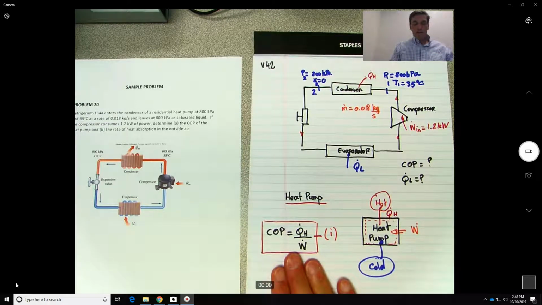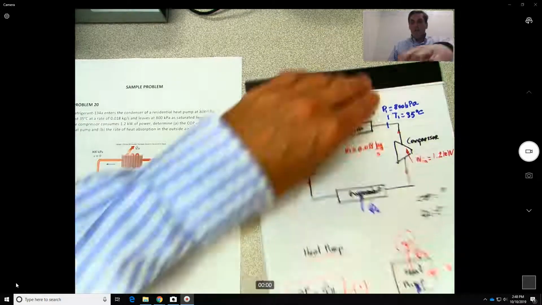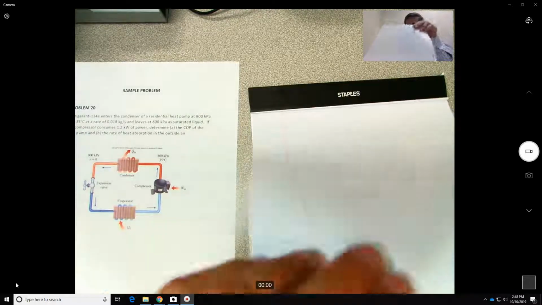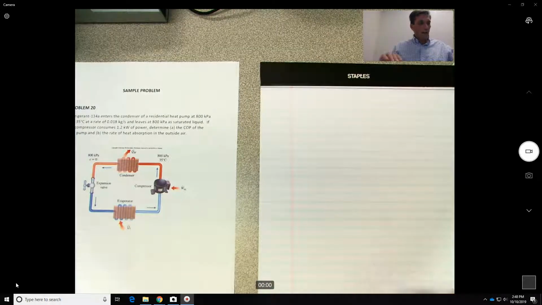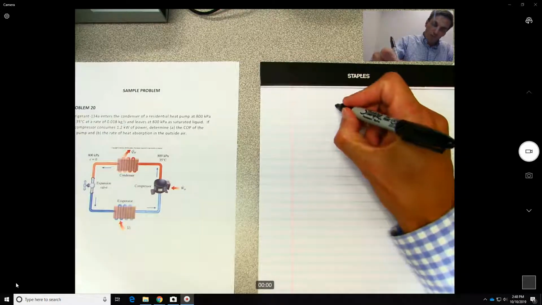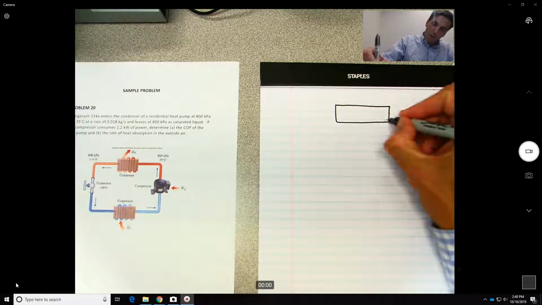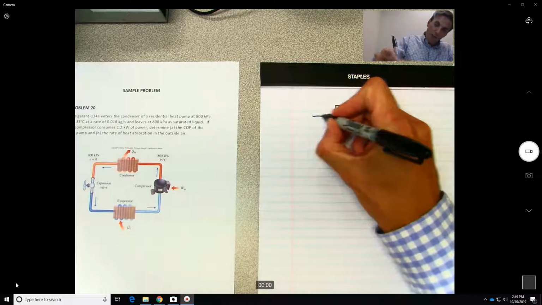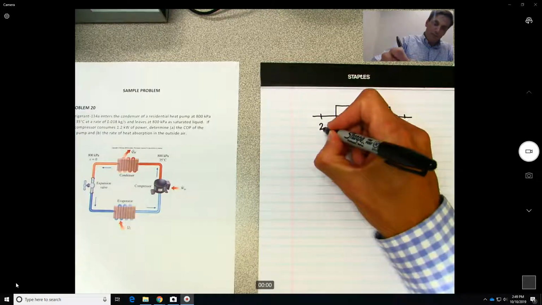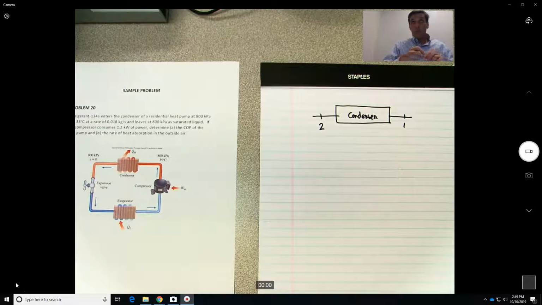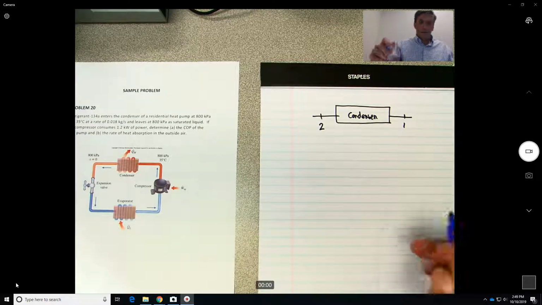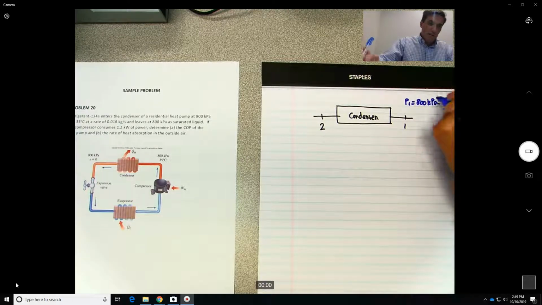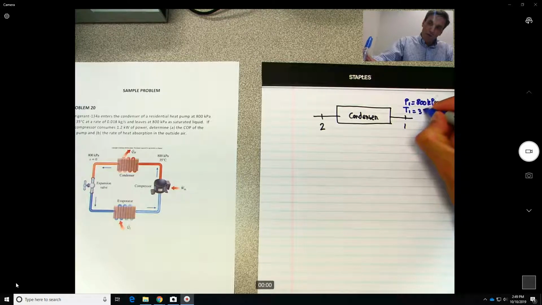So that's obviously not enough information. However, what else do we know? If I look at the condenser system, so if I just do here a figure of the condenser, what do we have? So we know this is 1, this is 2, and we see right away that P1 is equal to 800 kilopascals, and that T1 is equal to 35 degrees Celsius.